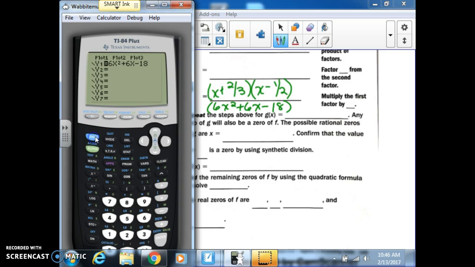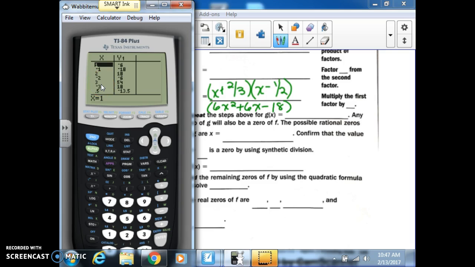Then we'll go to our table. We already know negative 2/3 and 1/2. So if we try any of these other ones, like 1, negative 1, 2, negative 2, 3, negative 3, we already see those don't work.